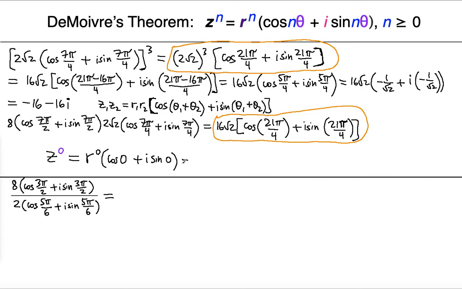R to the 0 is 1. Now cosine of 0 is 1 and sine of 0 is 0, and 0 times I is still 0. So as a result, this is 1 times 1, which is equal to 1. That makes sense because z to the 0 power should be 1. And z to the first power will also work.